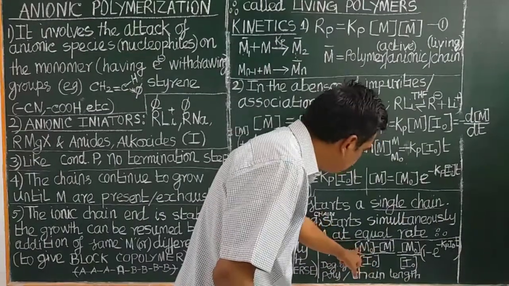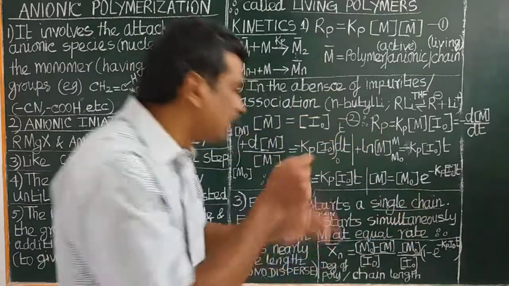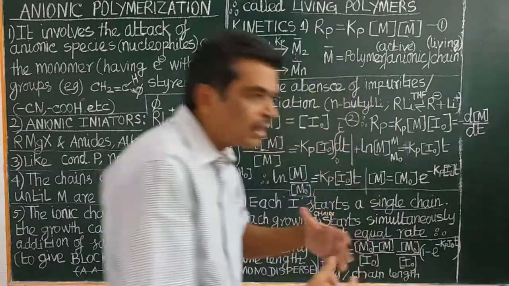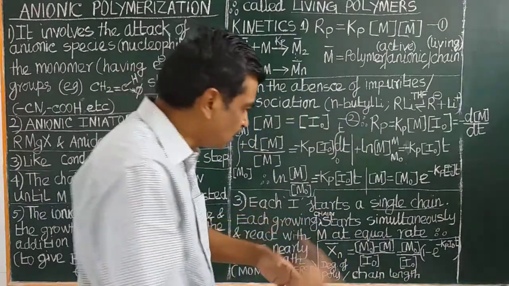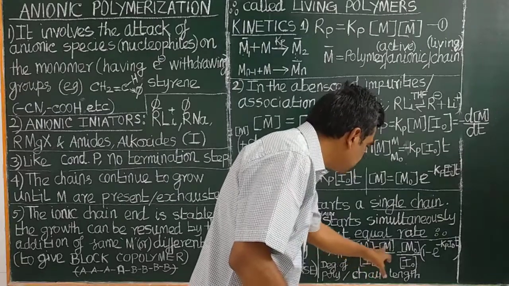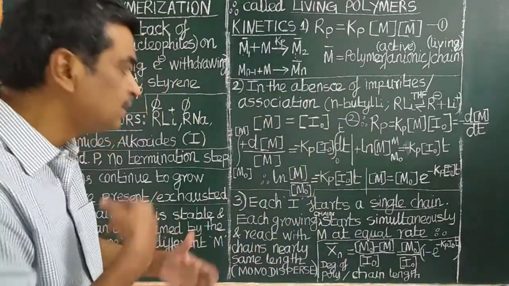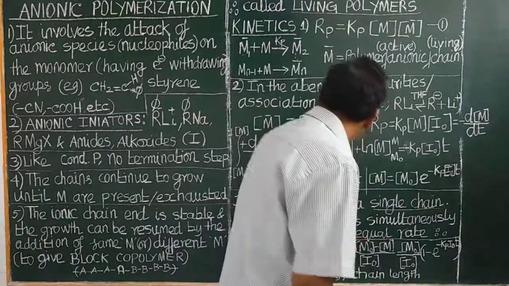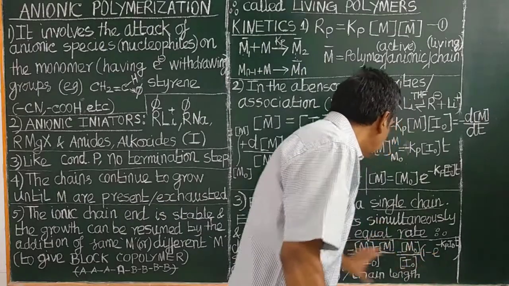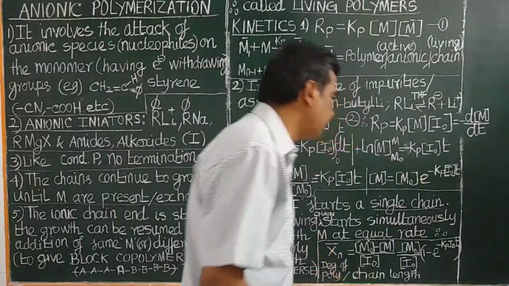That is, the monomer concentration in the beginning minus the concentration remaining at time t gives the concentration of monomer that has reacted. On substituting M here, you will get this expression, and by using it the degree of polymerization can be calculated.